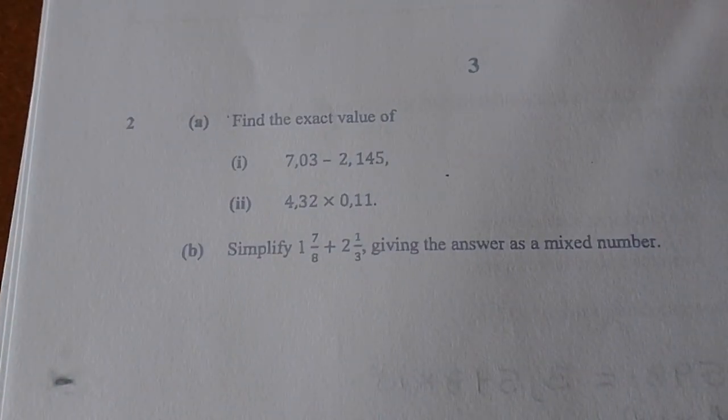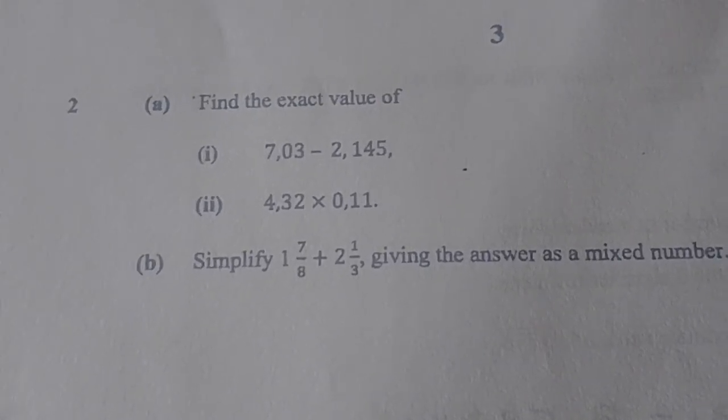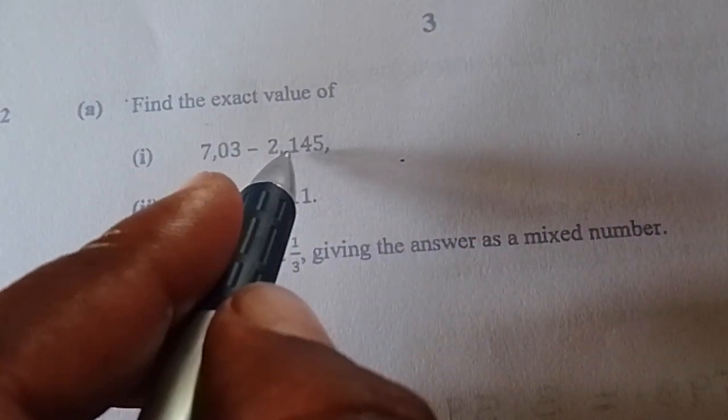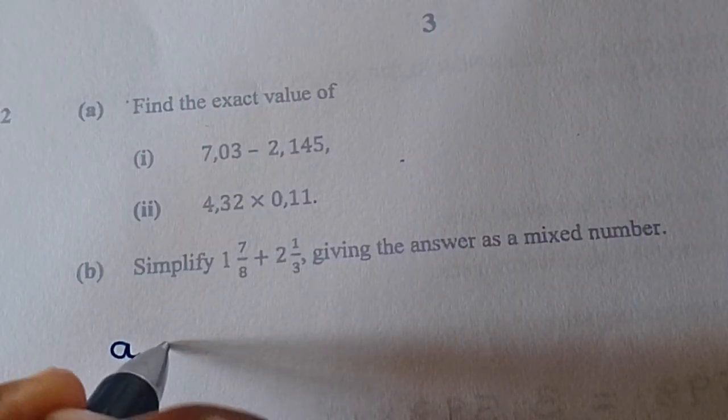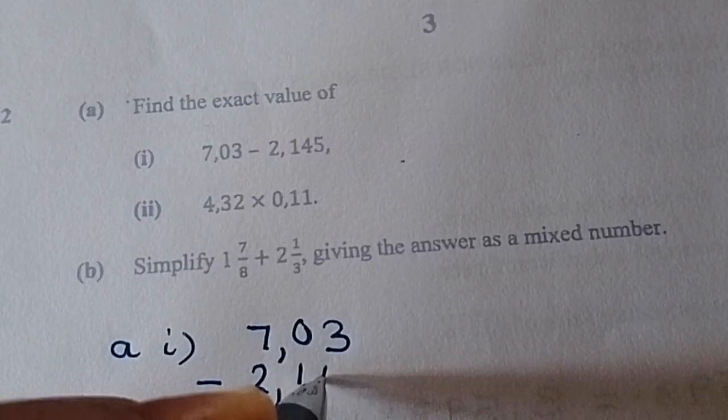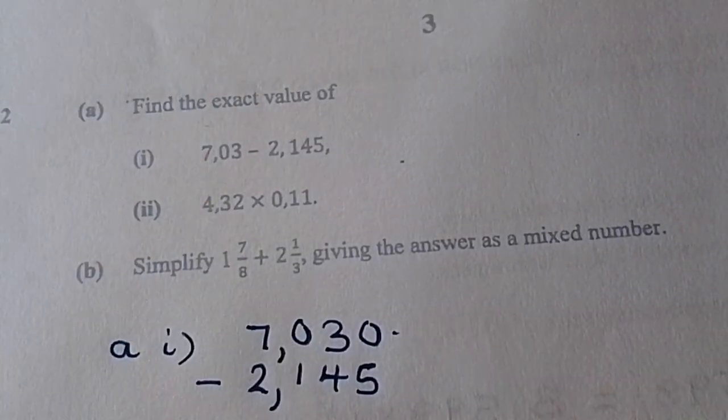Right, number 2. Allow me to zoom in a little. Find the exact value of 7.03 minus 2.145. Make sure the commas are in line: tens, hundreds, thousands, units.